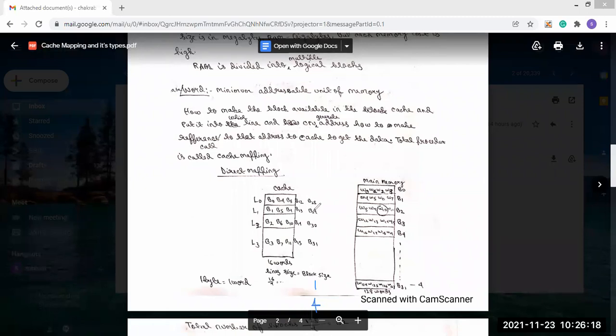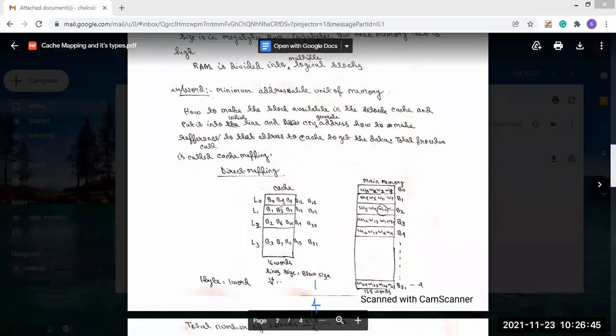That means L0 can accommodate only these blocks: B0, B4, B8, B12, B16, B20, B24, B28. Only these blocks can go to line number 0. This is specified with this formula.